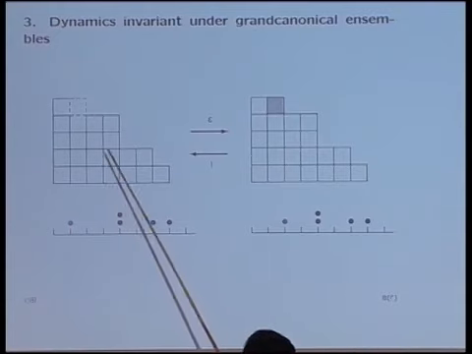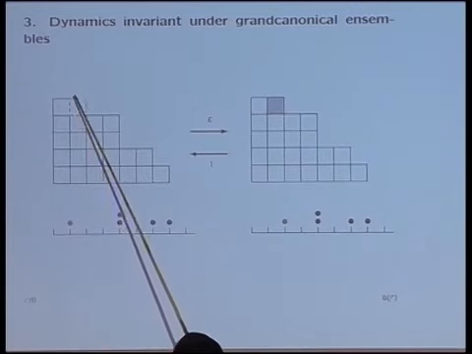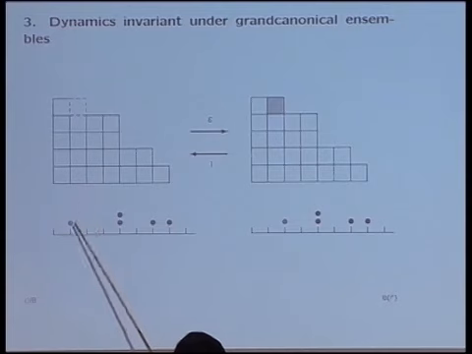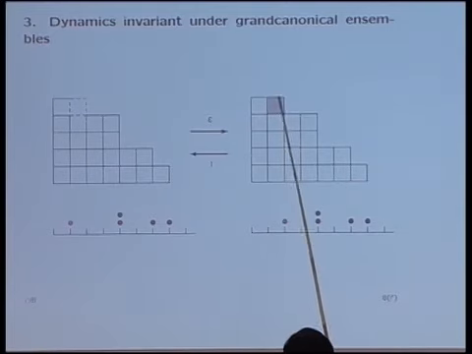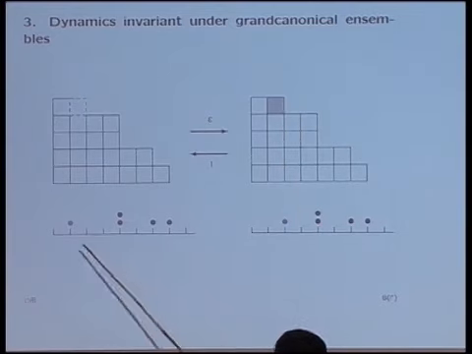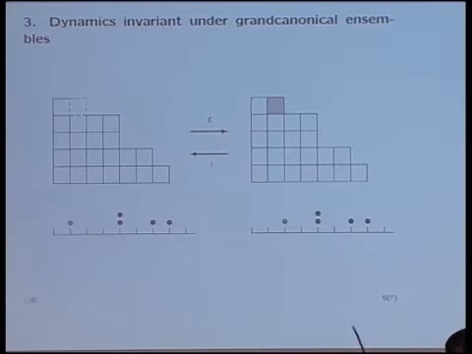Then this creation means here the height difference is 1, so one particle is sitting on this site. After creation, the height difference becomes 0, but the height difference here becomes 1. That means this particle jumps to the right with rate epsilon.